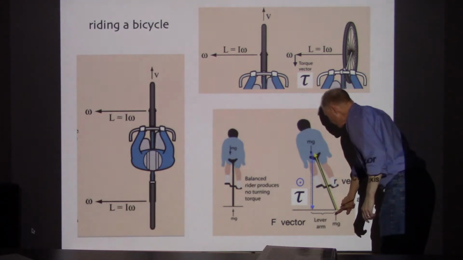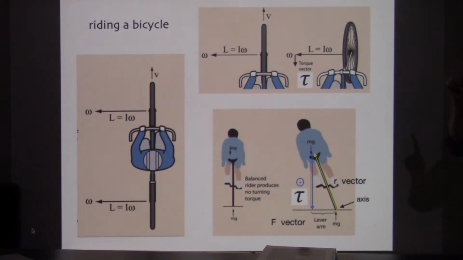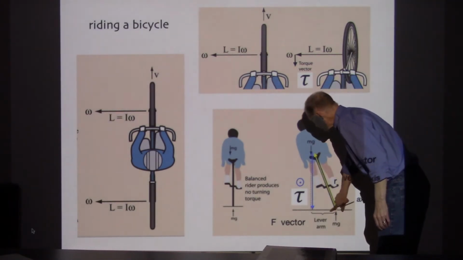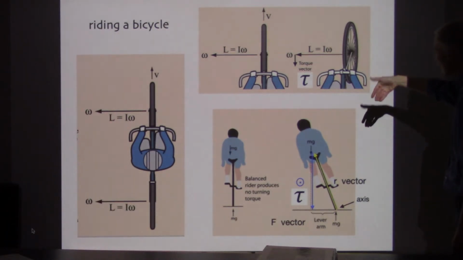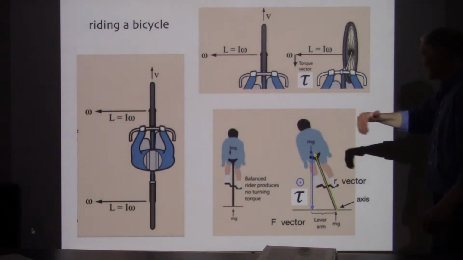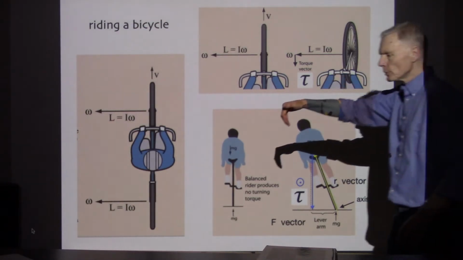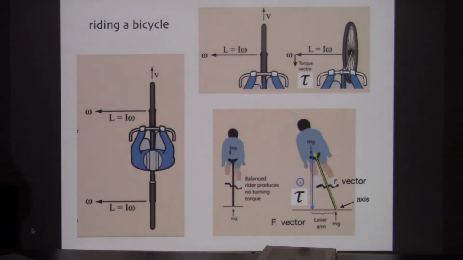The normal force, that's not mg, it's the normal force. The normal force is not providing a torque because it goes right through the axis of rotation. But the gravitational force, mg now, has a lever distance here. And if we use the right-hand rule, it tells us that the torque is coming out of the board, and that's tending to rotate the person in the positive direction, which is going to have them crash on the street.